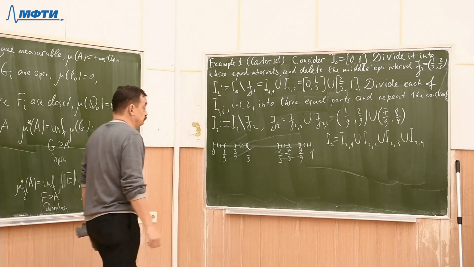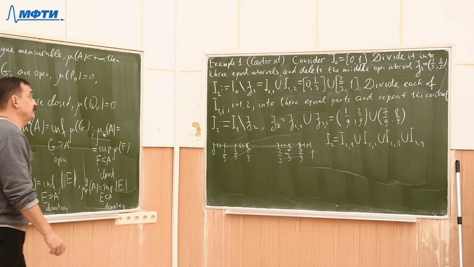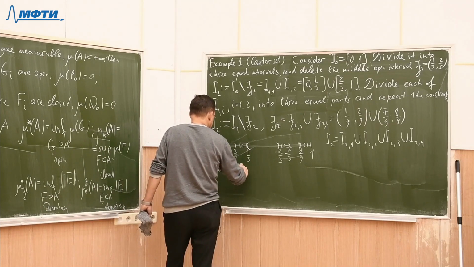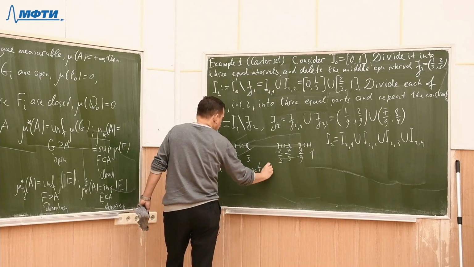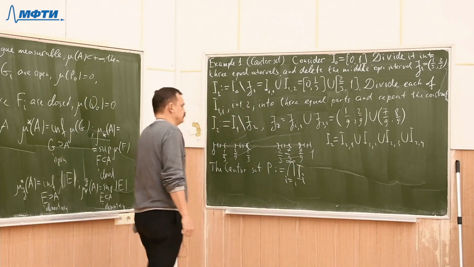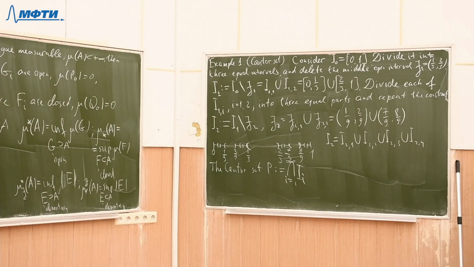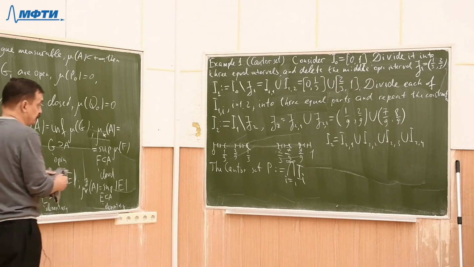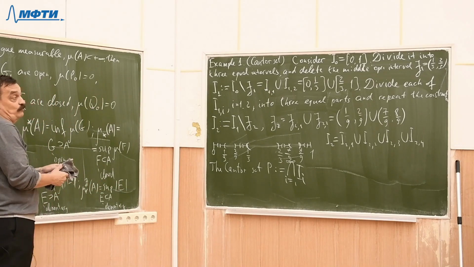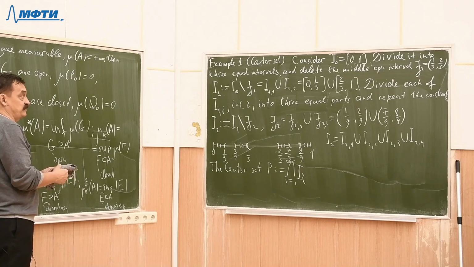So by definition, the Cantor set P is the intersection of what remains. Okay, let us think what we obtain. What are the properties of this Cantor set?